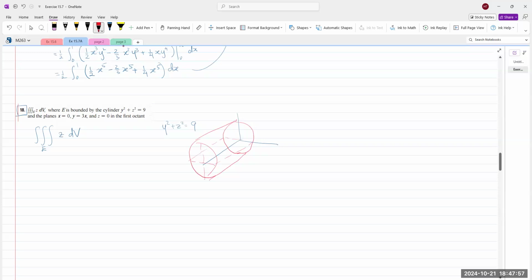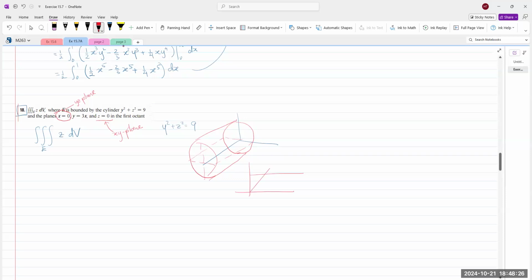And then the planes: x equals 0, that's the yz plane. z equals 0, that's the xy plane. And y equals 3x.